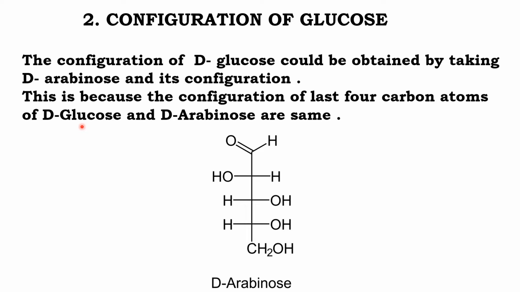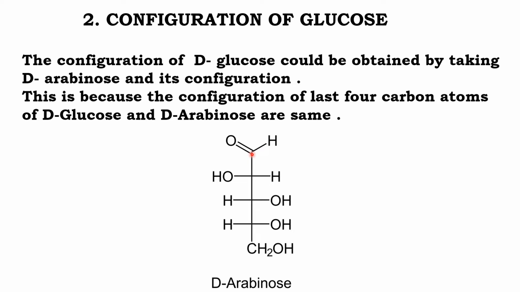And we know glucose is a hexose sugar, contains 6 carbon atoms, while arabinose is a pentose sugar. So when I consider D-glucose and arabinose, the configuration of the last four carbon atoms are the same. And for both glucose and arabinose, the first carbon atom is an aldehyde group.